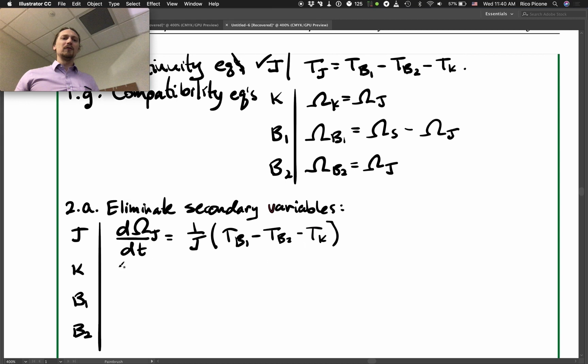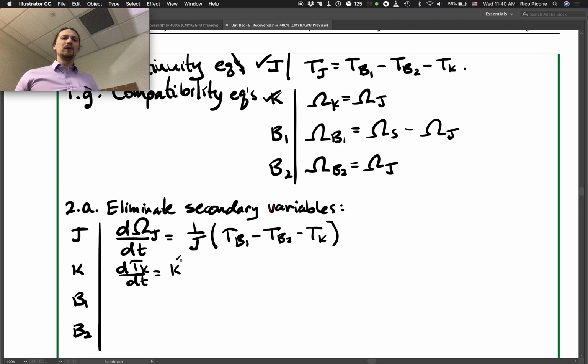And the K elemental equation says that dTK dt equals K times omega K, right? But we have a compatibility equation for that.